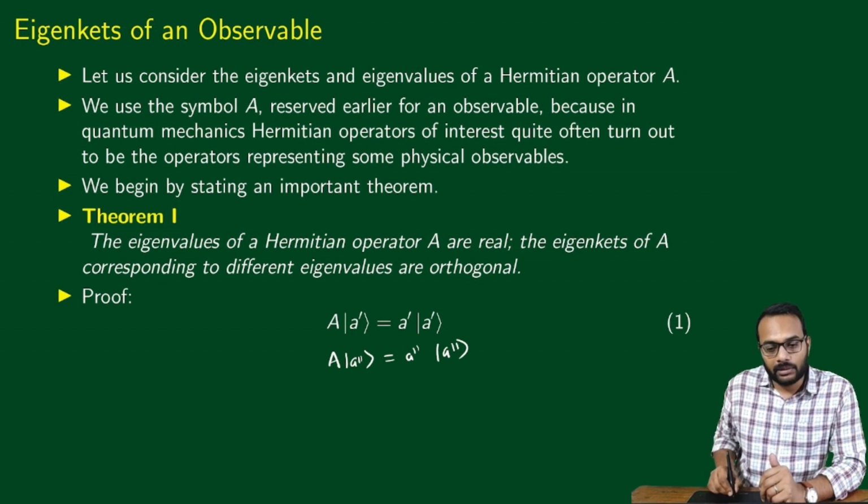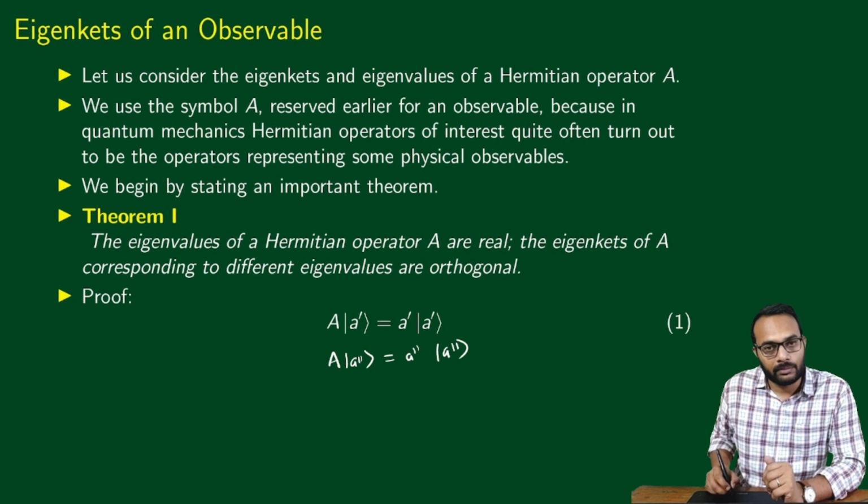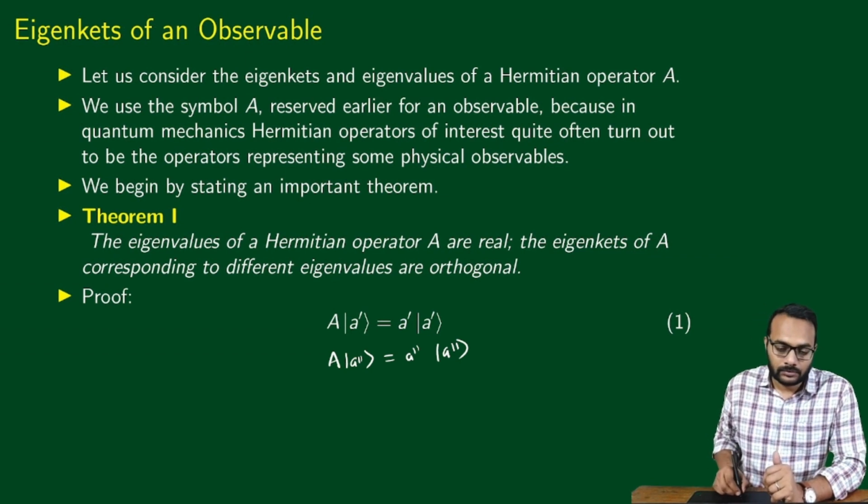Here a double prime is the eigenvalue of operator A, or ket a double prime is the eigenket of operator A corresponding to the eigenvalue a double prime. Now this is the eigenvalue equation for the ket.